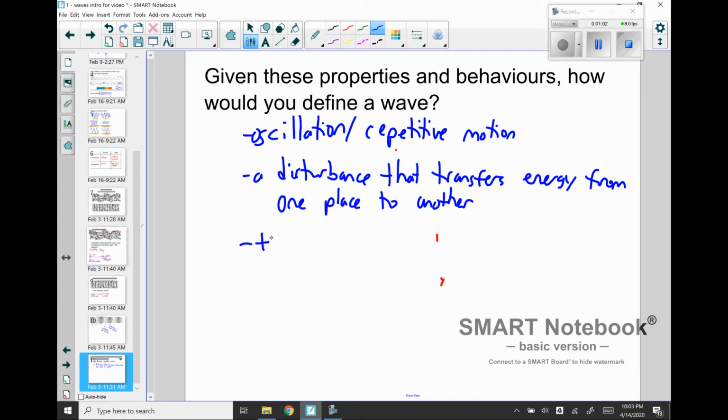And most of these have the added condition of that traveling from one place to another happening through a medium or a material, except for EM radiation.